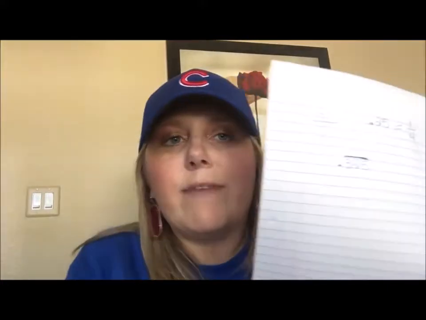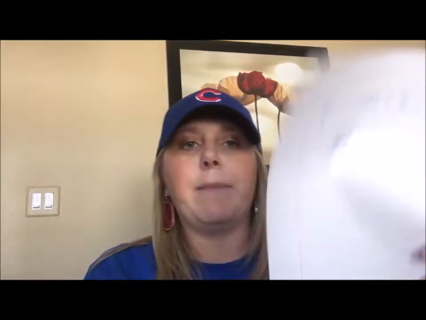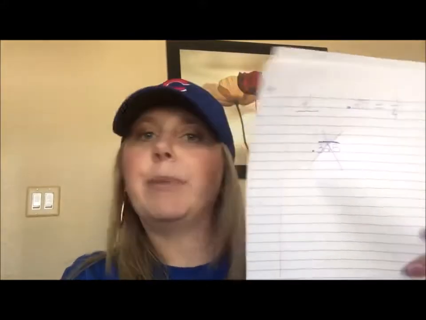It doesn't matter. That means it goes on and on and on. It's never going to stop. If that decimal never stops, if you see a bar above the number, that is the only thing that is not a rational number. It cannot be written as a fraction because it goes on and on forever.